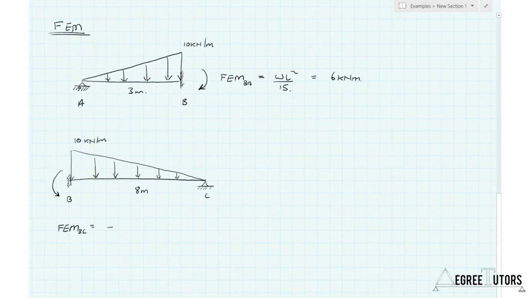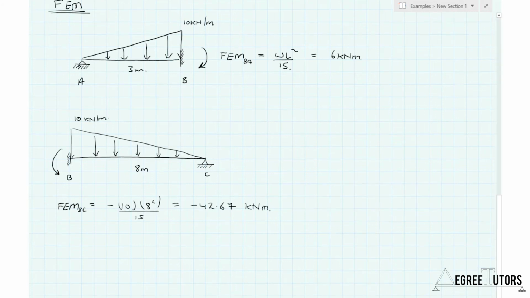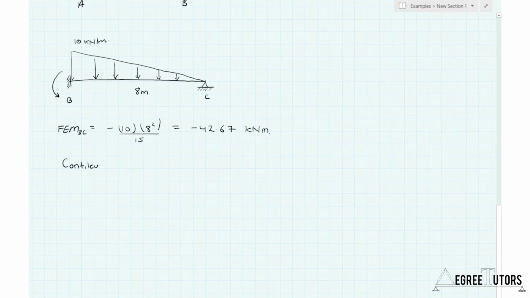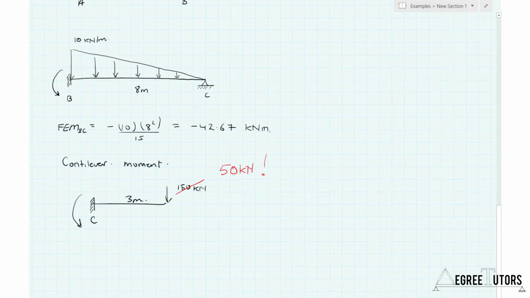So we will have a negative W, which is going to be 10, times L squared, which is going to be 8 squared over 15. And that will give us a fixed end moment of minus 42.67 kilonewton meters. The last fixed end moment to consider is the cantilever moment, and that's quite straightforward. The fixed end moment that would develop if we locked joint C is going to be a negative 150.